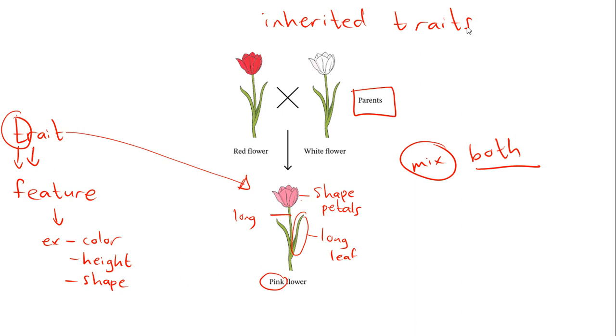So the shape, how long or short something is, its height, its color, these are inherited traits. They come from the parents. So we do not call the plant that it makes a baby. We call it an offspring. So the baby plant that is made from the parents, we call it offspring.